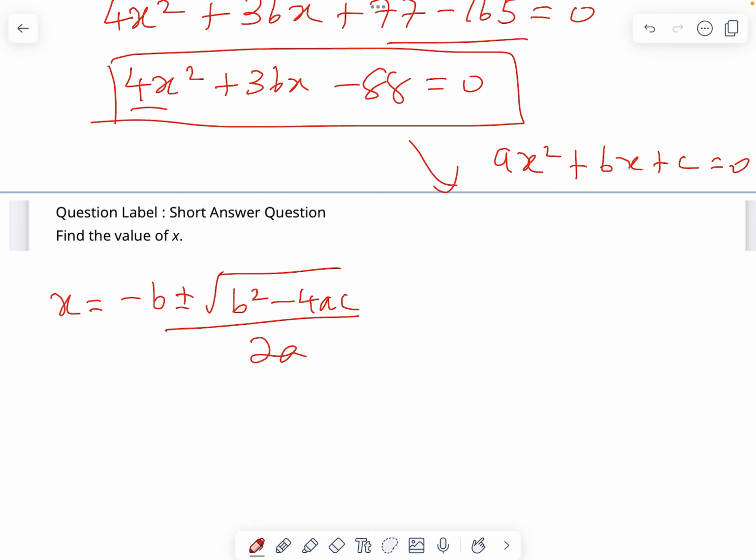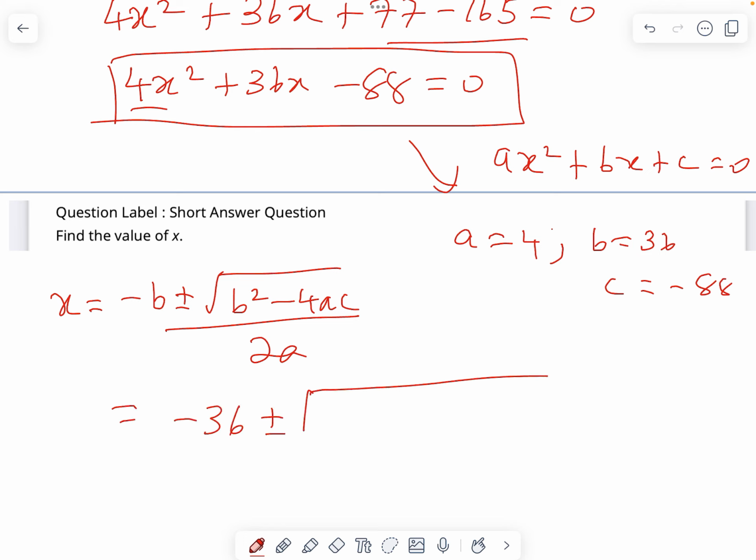what is the coefficient a? So a is equal to 4, b is equal to 36 and c is equal to minus 88. So in the place of b, minus 36 plus or minus root of 36 the whole square.